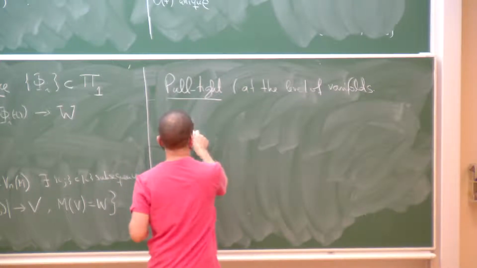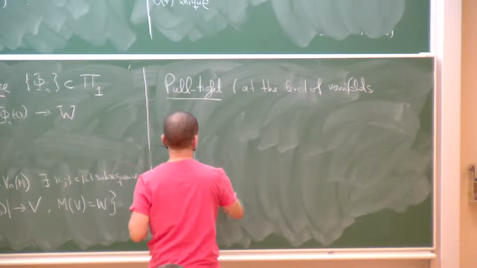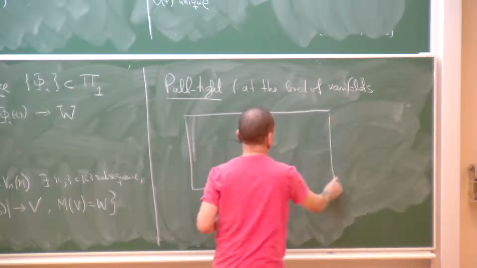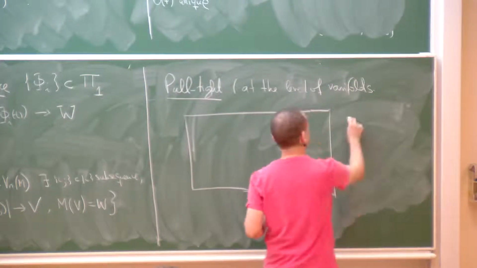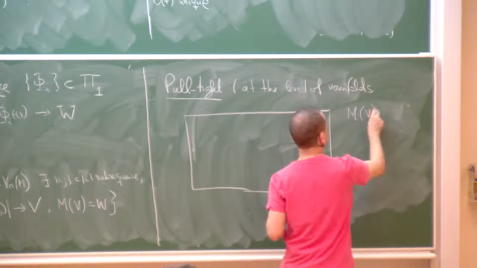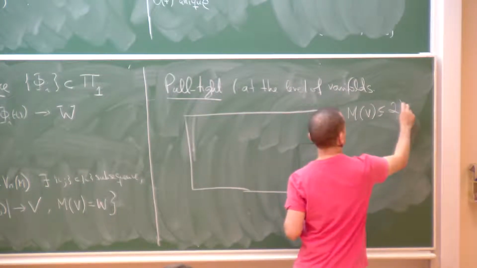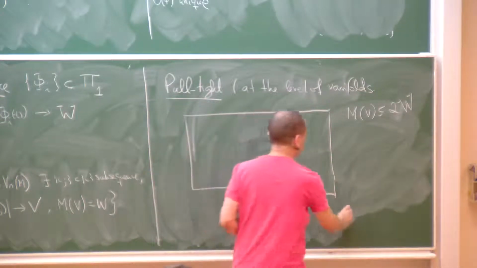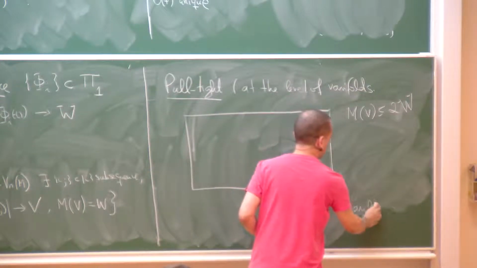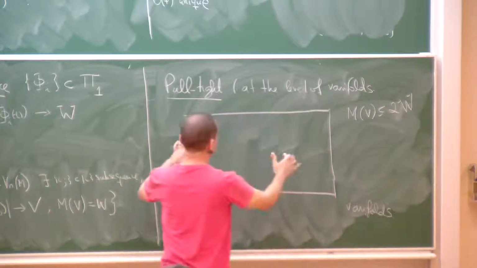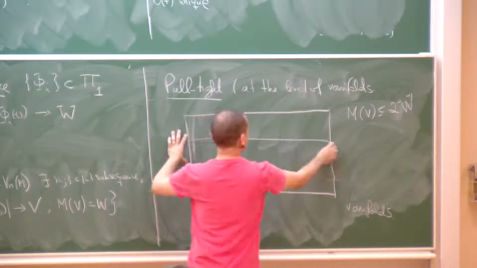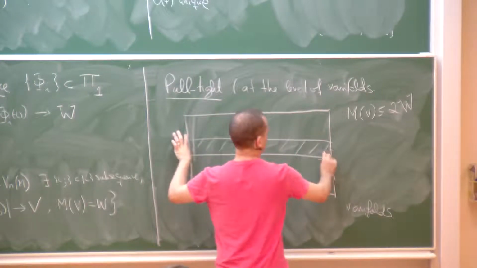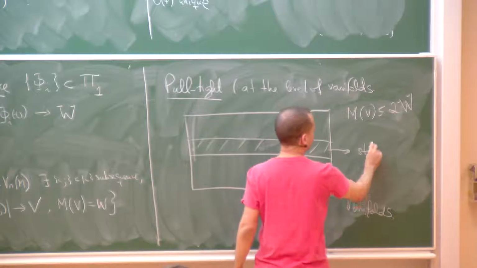So, if this is a picture of the space of varifolds, suppose this is the space of all varifolds with mass, say, less than 2 times the width. And inside that space of varifolds, I have a subspace. It's the subspace of stationary varifolds.